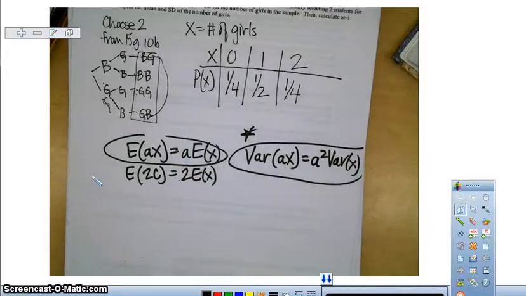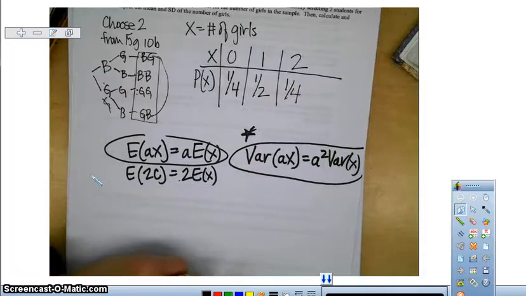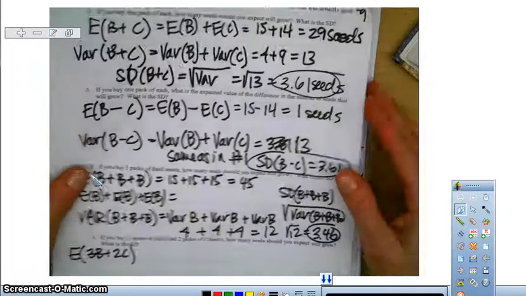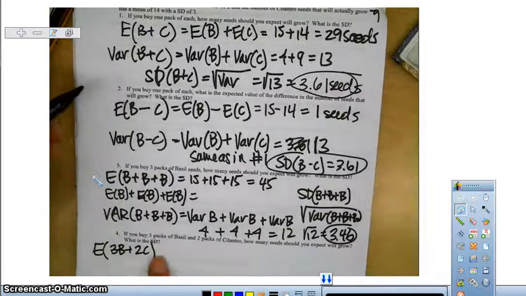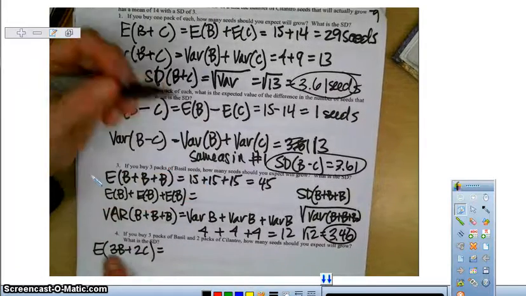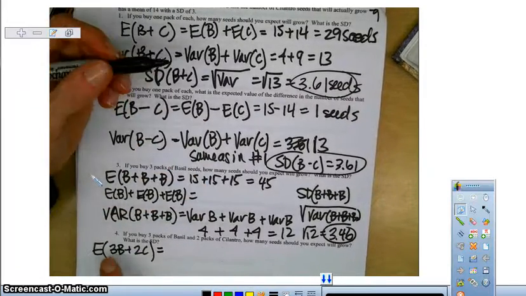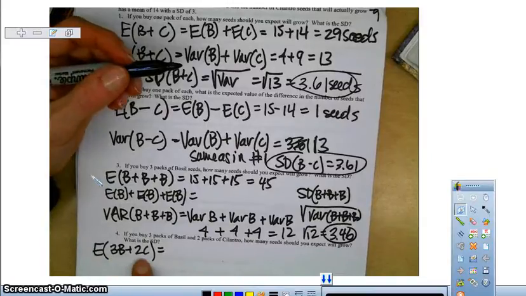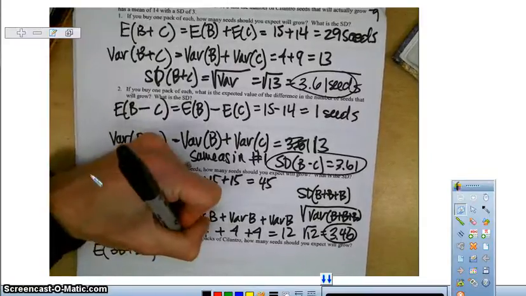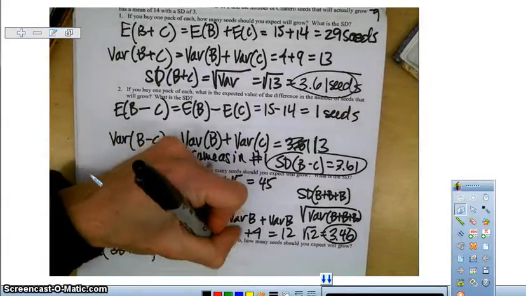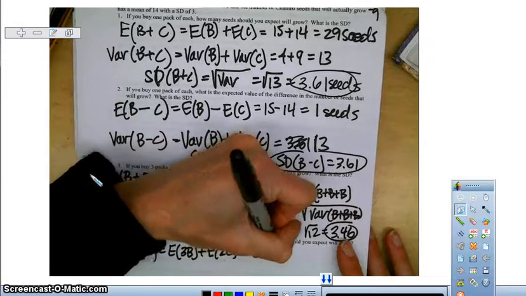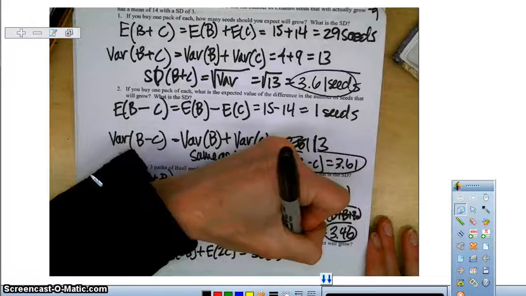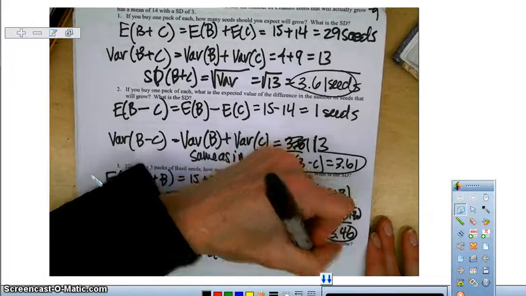And then they've got a rule 372 too, it's the addition ones. But this is the key rule we're going to have to use here. It's on page 382. Okay, so for this one, the expected value of 3b plus 2c is the same as the expected value of 3b plus the expected value of 2c, which is the same as 3 times the expected value of b plus 2 times the expected value of c.